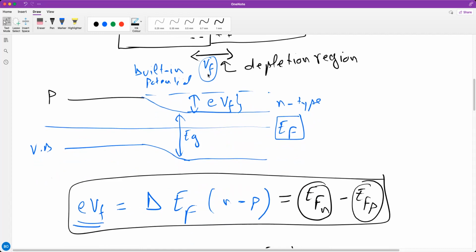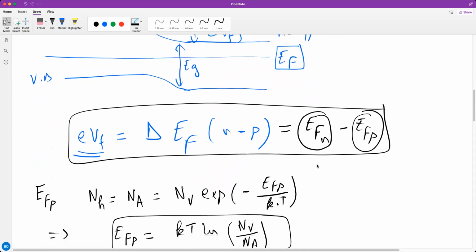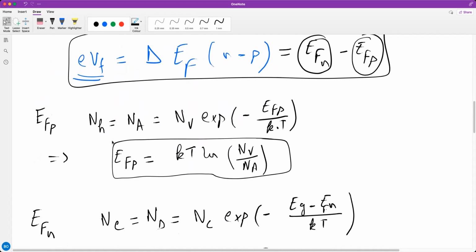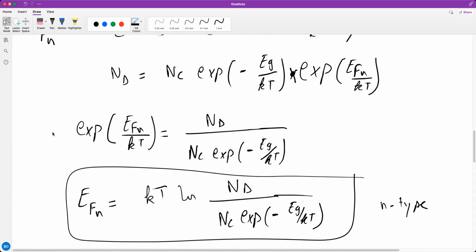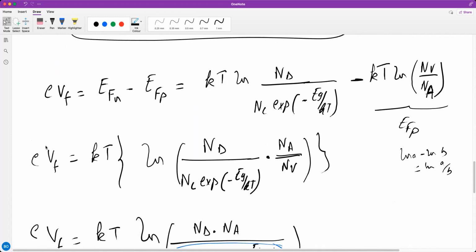Okay. So the built-in potential, if we want to calculate it, the potential energy due to this depletion region is equal to the difference of the Fermi levels, E_FN minus E_FP. We have already calculated before the Fermi level in P type and the Fermi level in N type, and then we can calculate easily the built-in potential.